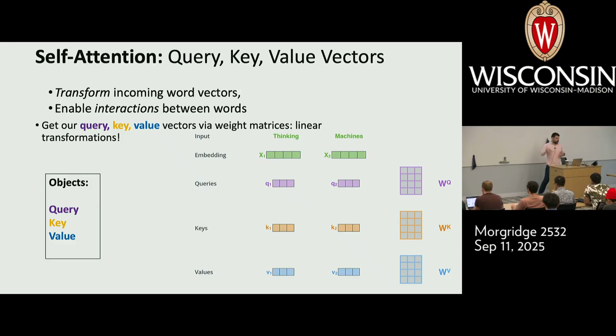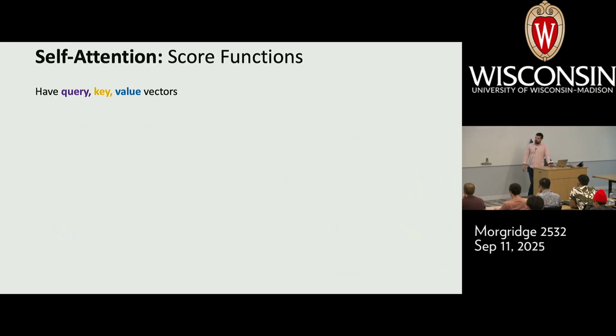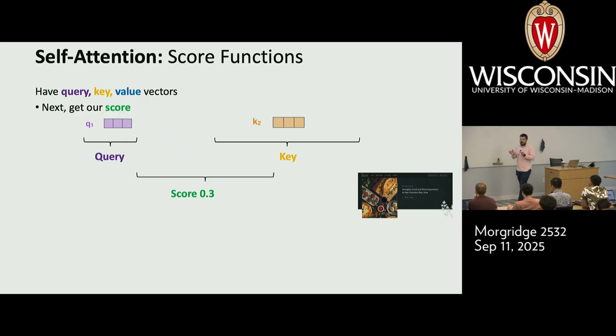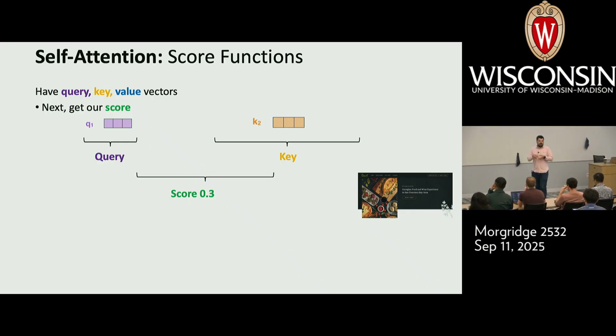So let's go ahead and actually create that exact comparison. We're going to call this the score function. Again, we have our color-coded 3 vectors over here. We said that this is the operation that we want to do. Compare the query and the key and get a score. OK, what kind of operations can you apply to 2 of these vectors that perform a comparison and output a score?